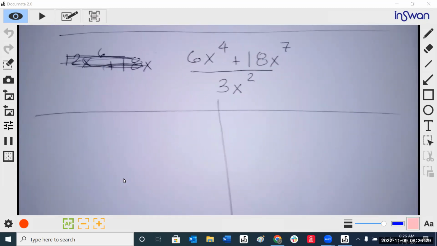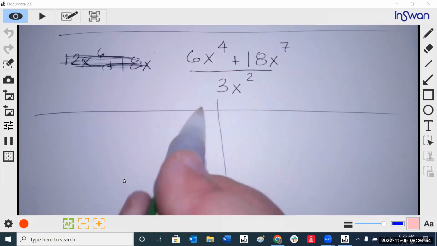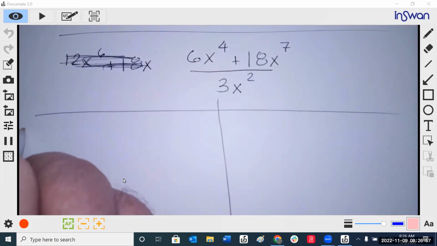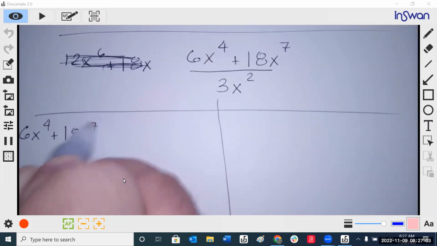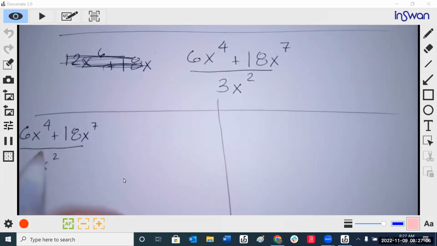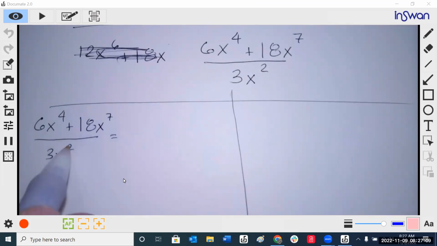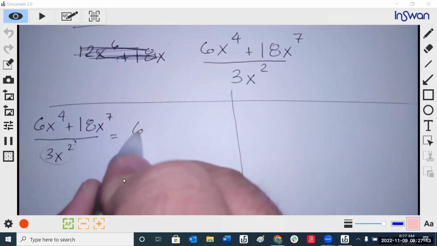The 2 ways I showed you. The first way, because we have this polynomial on top divided by a monomial, what that means is I could take this and put it under each of the terms separately.